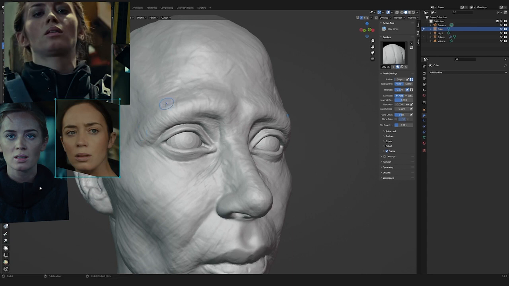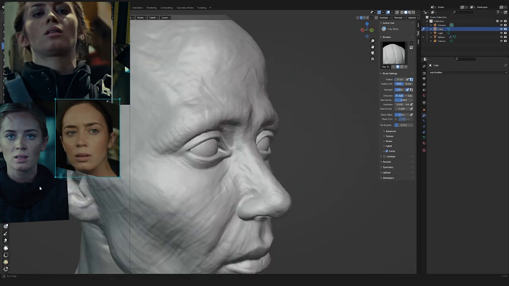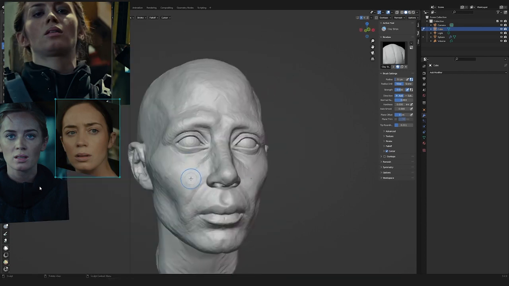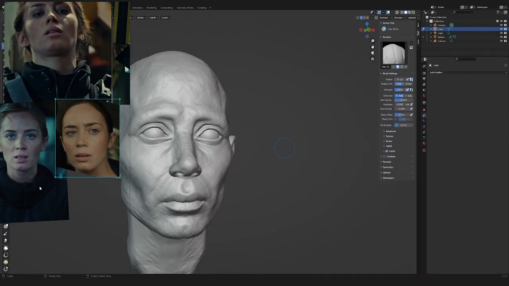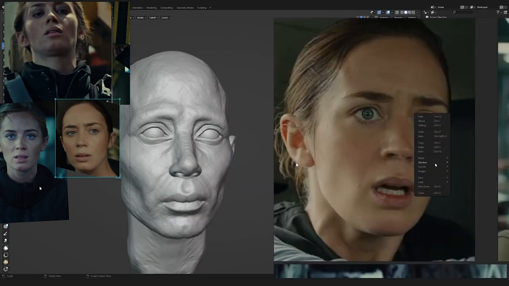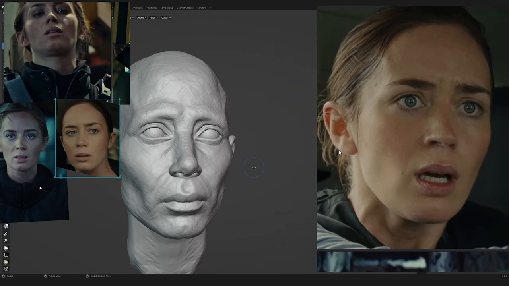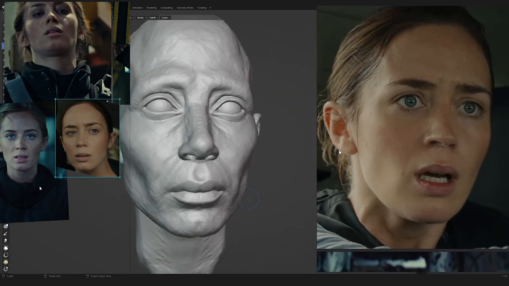So that's why for me, it's not important to have one single value that we set our focal length to when it comes to sculpting. I think it's totally fine to increase the default focal length of 50 millimeters to something else if we want to do that. I think that's totally cool, especially if we're trying to match a particular reference that we have.